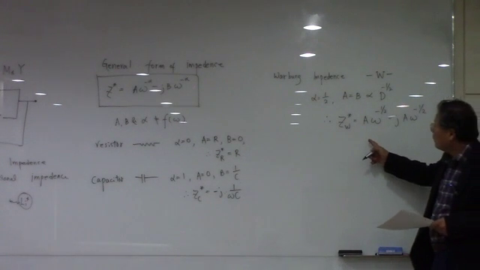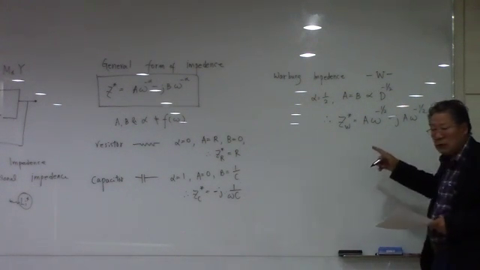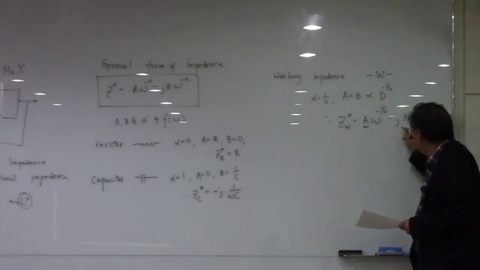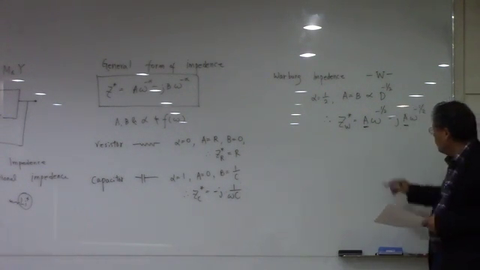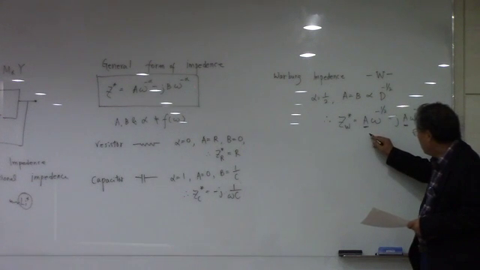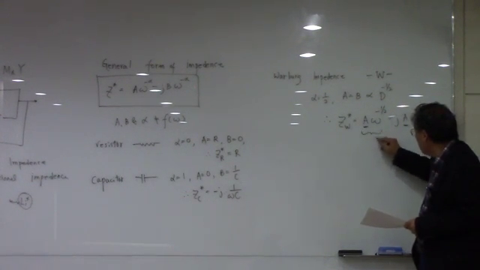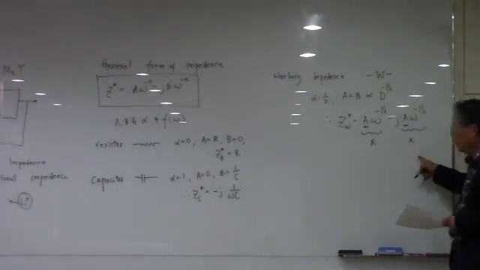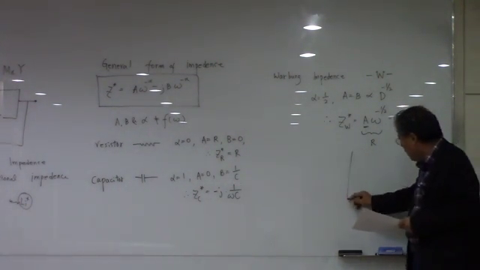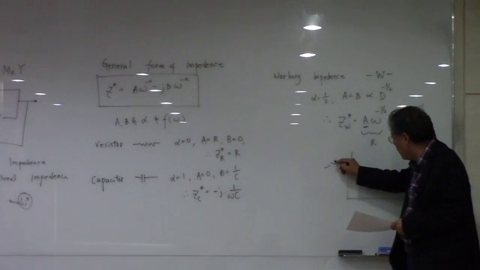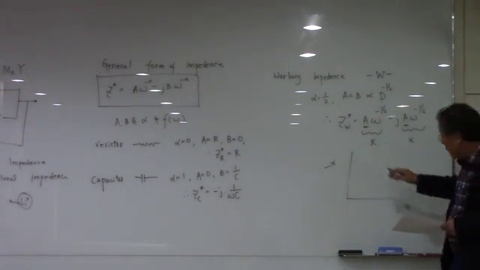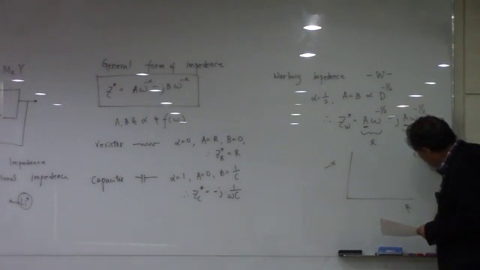So if you look into this Warburg impedance, you can immediately see that here this is the R part and this is the X part, right? So if you plot minus X over R, the Warburg impedance just says you are going to have a straight line, something like this.